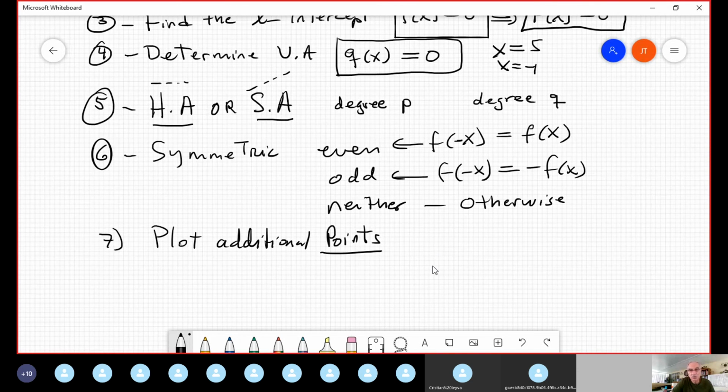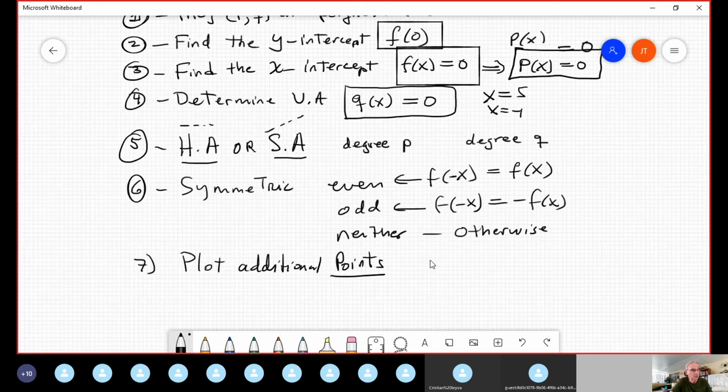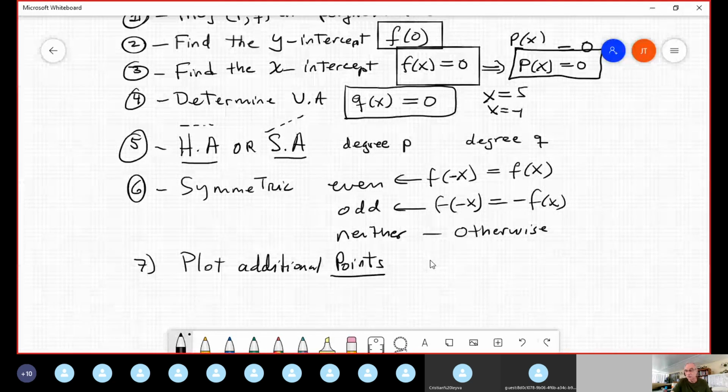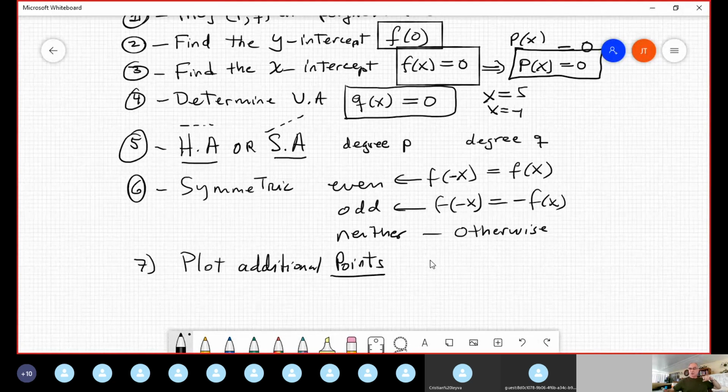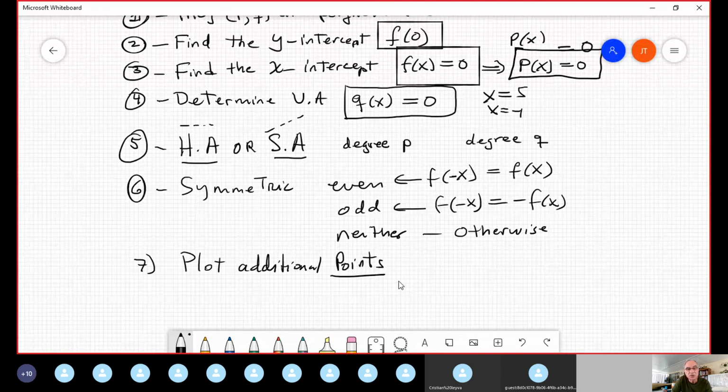There is no rule, it depends on the problem, but I want to explain it. So next time, we are doing completely 1, 2, 3, maybe 4 examples of doing everything from the beginning. Domain, intercepts, asymptotes, symmetry, additional points, and we are using Desmos to see everything.